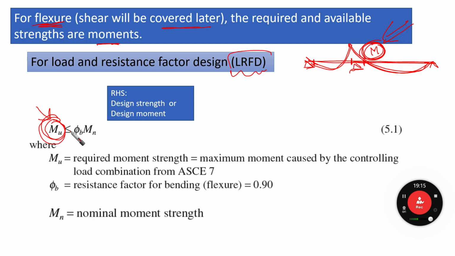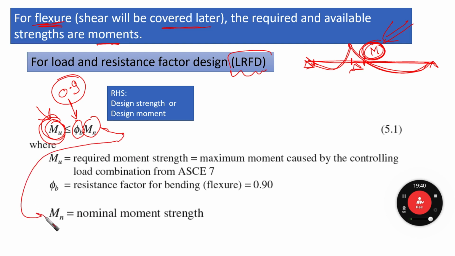It should be less than or equal to phi b, the resistance factor related to bending, or flexure. Commonly in flexure, we take it 0.9, multiplied by Mn, which is the nominal moment strength.